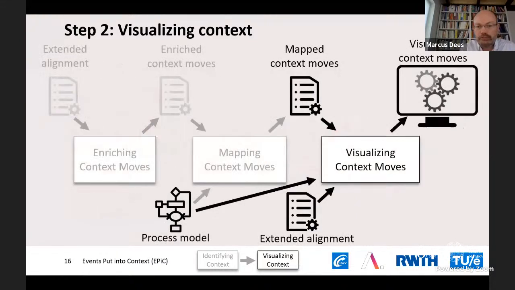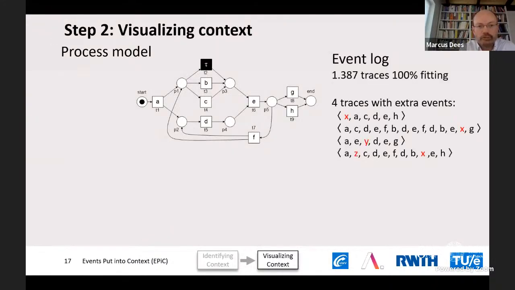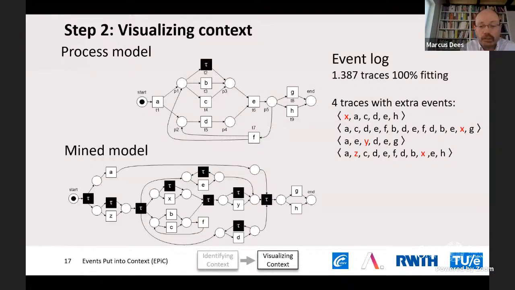Now let's look at the effect of this way of visualizing context when we do a discovery analysis. We use the same process model and event log as shown before. As has been shown, adding 4 traces with X4 events leads to quite a messy discovery result.